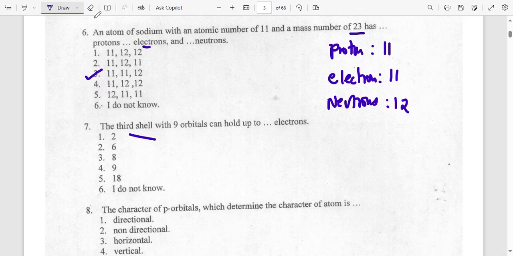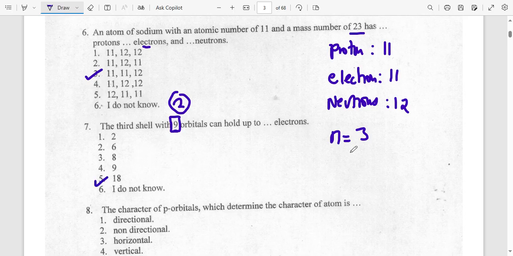Here we're talking about the third shell, so n is equal to 3, and we've been told it has 9 orbitals. Each orbital can hold 2 electrons, and you have got 9 of them. 2 times 9 is 18.